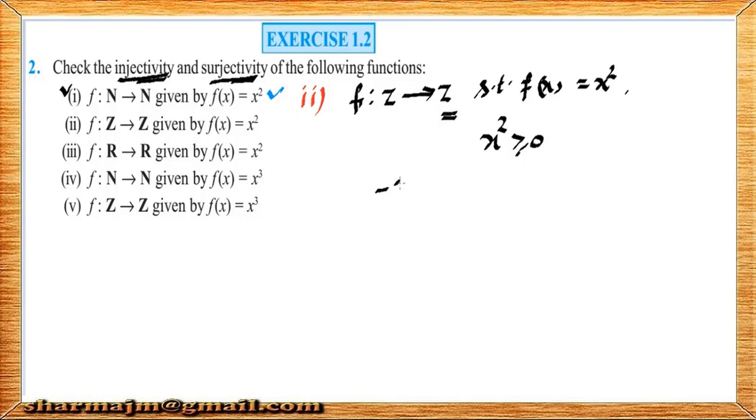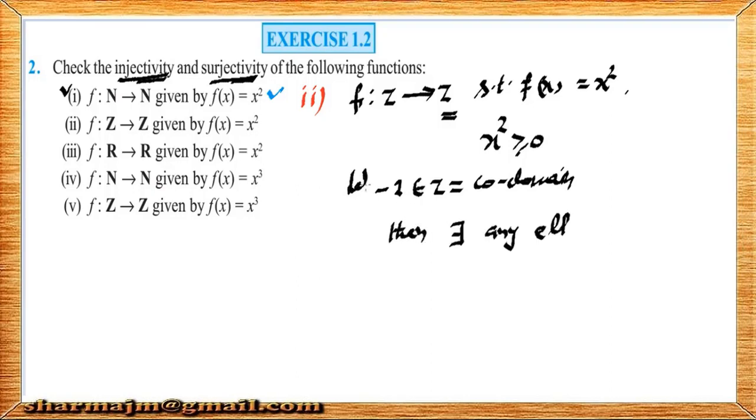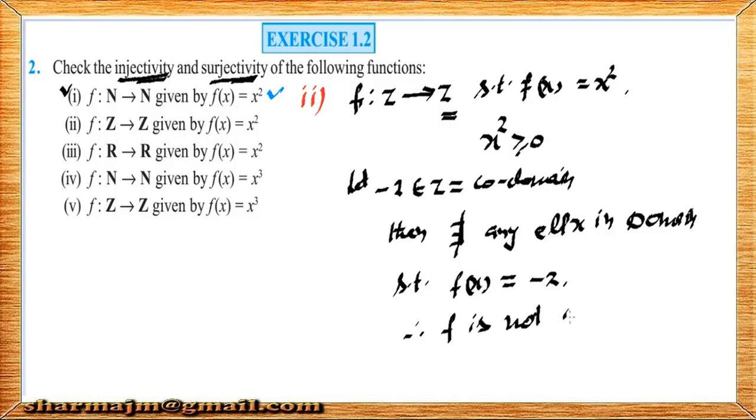So if you take minus 2 in Z, that is in the codomain, then there does not exist any element x in the domain such that f of that x is equal to minus 2. Therefore, f is not onto.